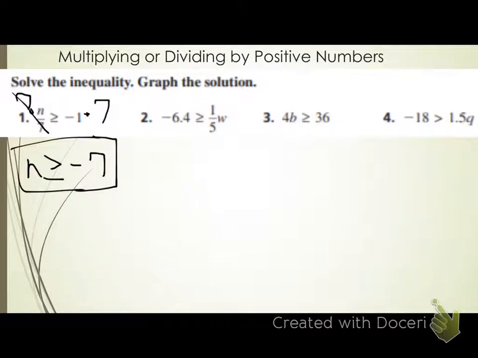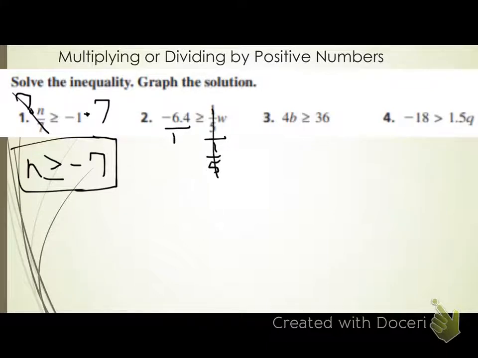Number 2, negative 6.4 is greater than or equal to 1 over 5w. What's the operation going on between w and 1 over 5? Multiplication. What's the inverse of multiplication? Dividing both sides by 1/5.